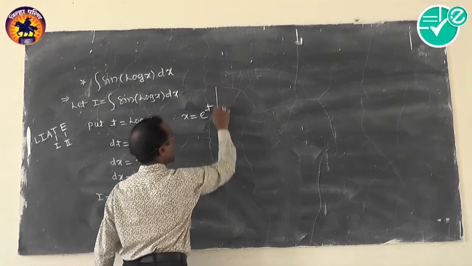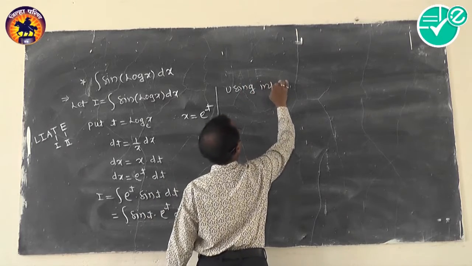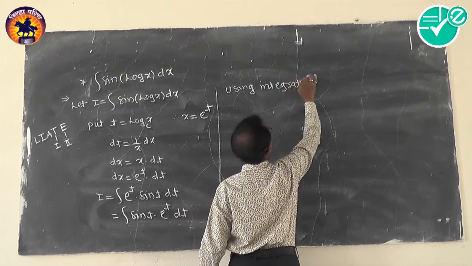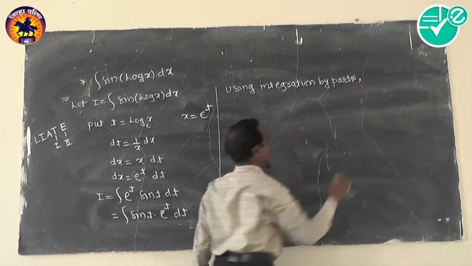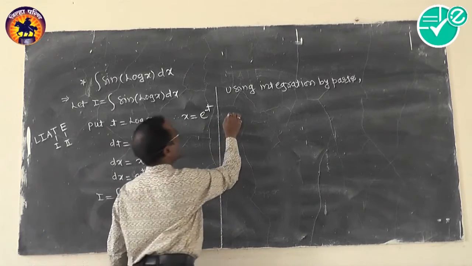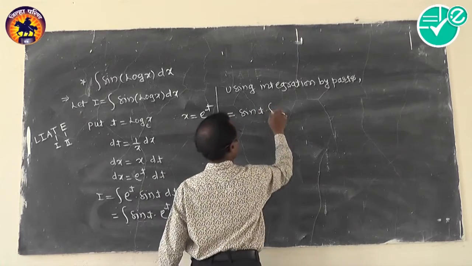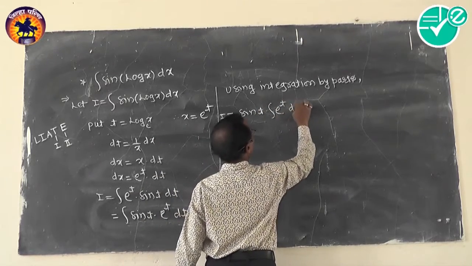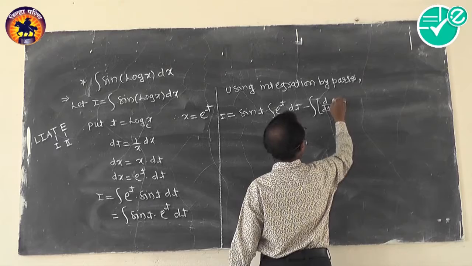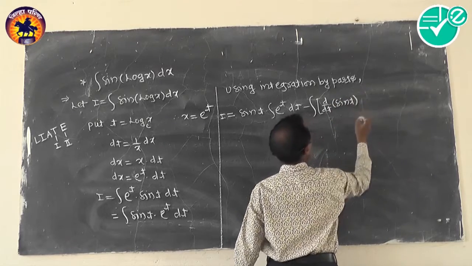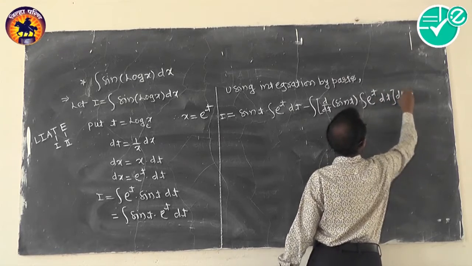Now using integration by parts, first function as it is, integration of second, minus integral of derivative of first into integration of second with respect to t.